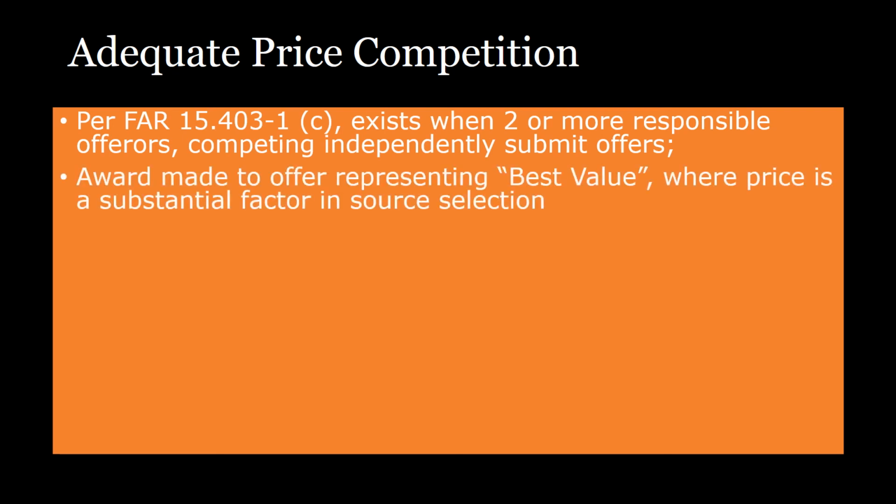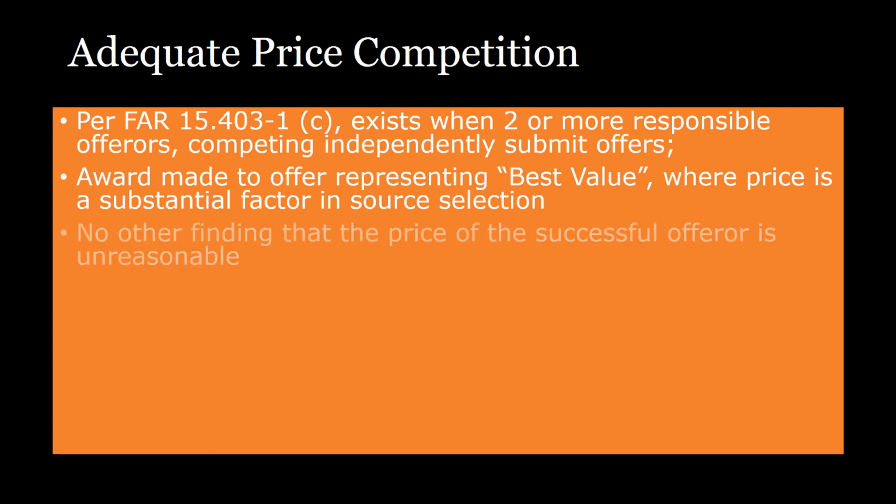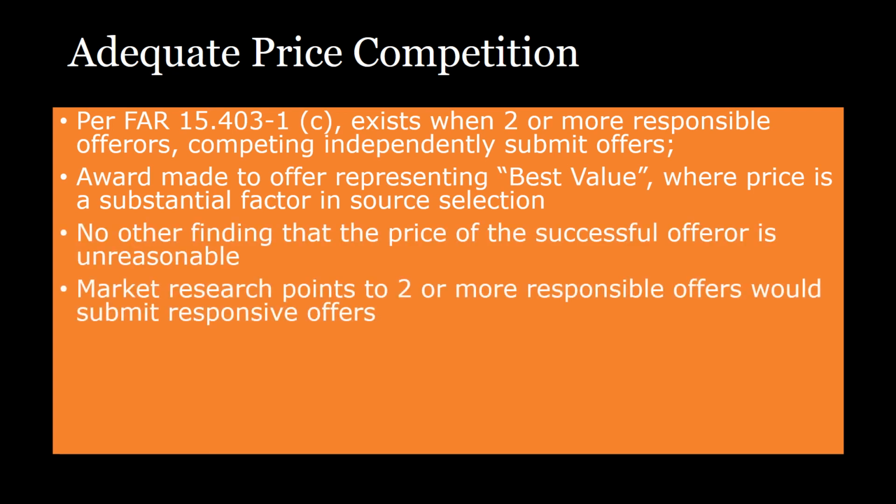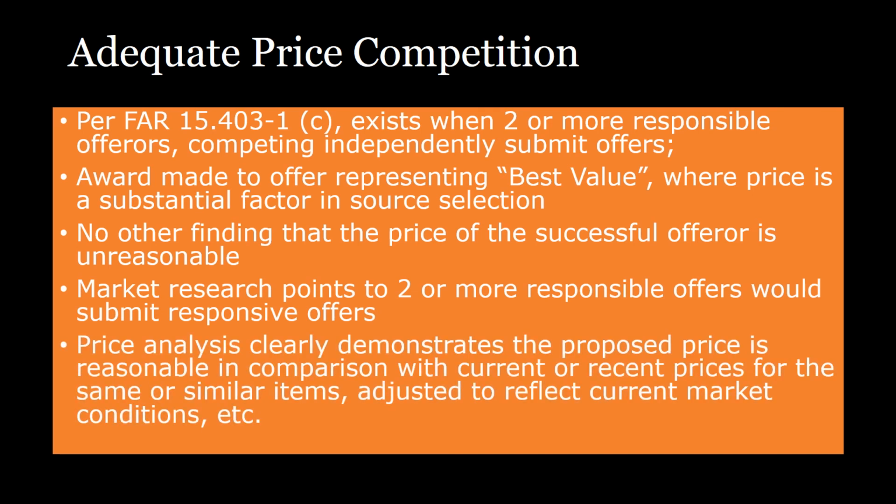So, when do we consider that adequate price competition exists? At the federal level, FAR 15.403-1(c) states that it exists when two or more responsible offerors competing independently submit offers. It also states that there must be no other finding that the price of the successful offeror is unreasonable.